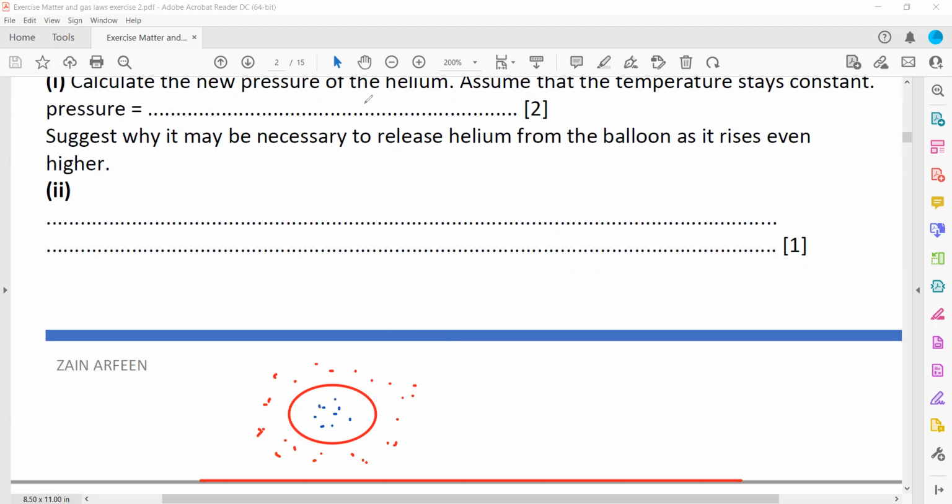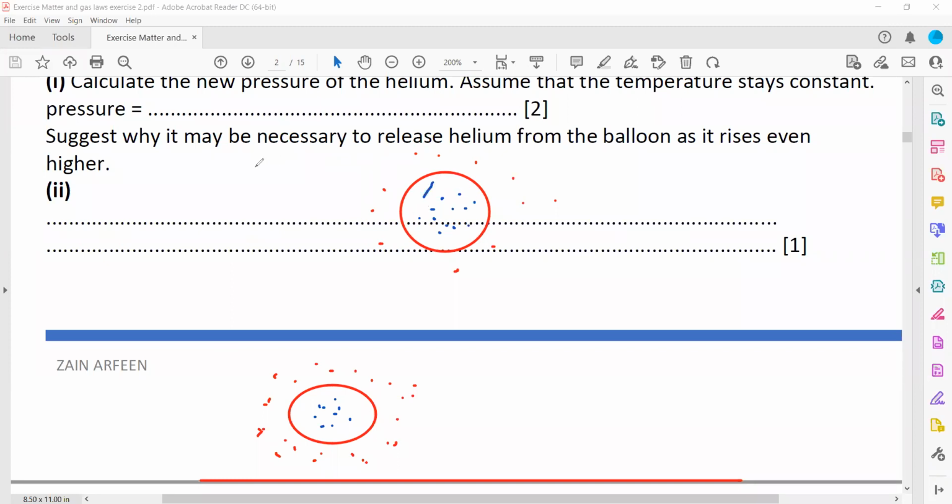When this balloon is released, it will rise as the helium has low density compared to air. But as this helium balloon is rising, the atmospheric pressure is not the same. The atmospheric pressure is decreasing because at a higher altitude there are fewer air particles. As a result, the pressure outside is small and the pressure inside might be higher.